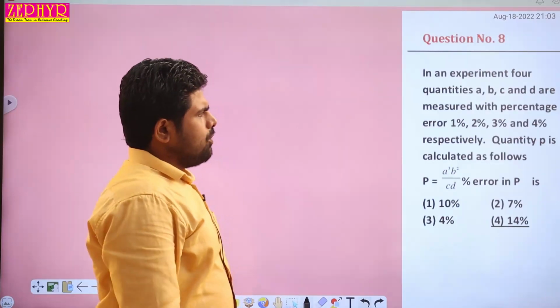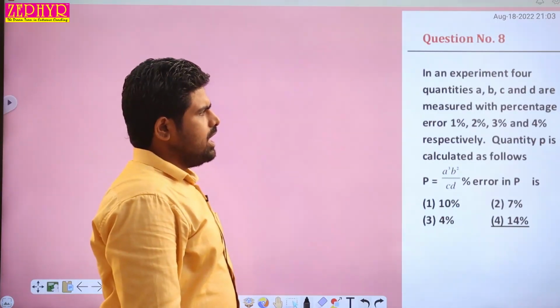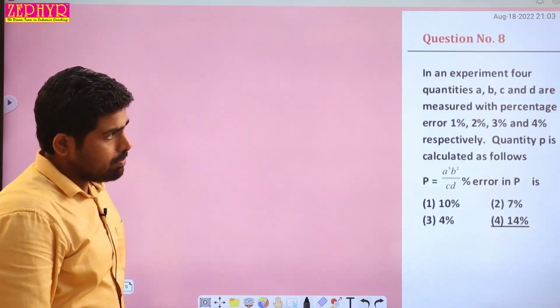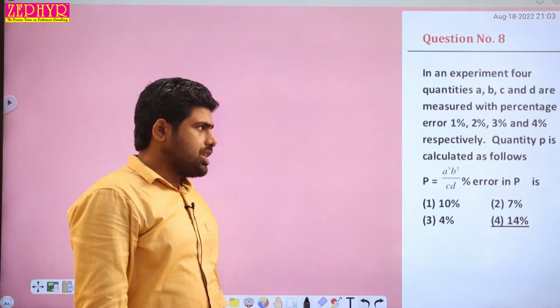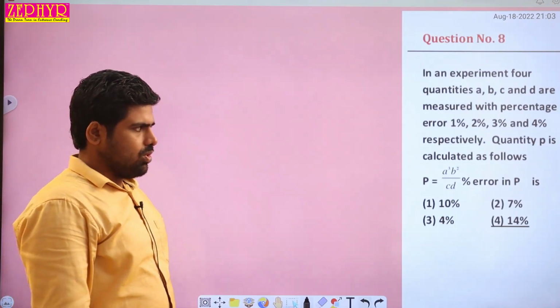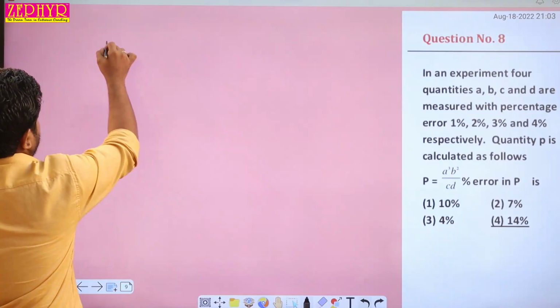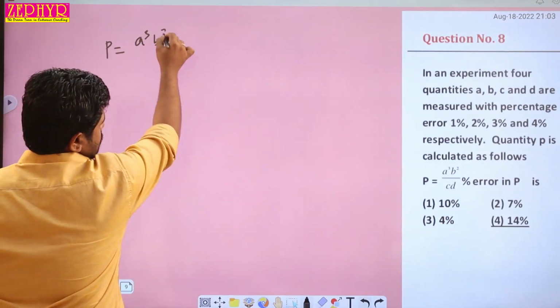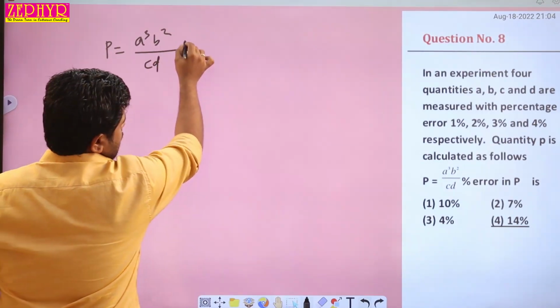In an experiment, four quantities A, B, C and D are measured with percentage errors 1%, 2%, 3% and 4% respectively. Quantity P is calculated as follows: P equals A raised to 3, B raised to 2 divided by CD.